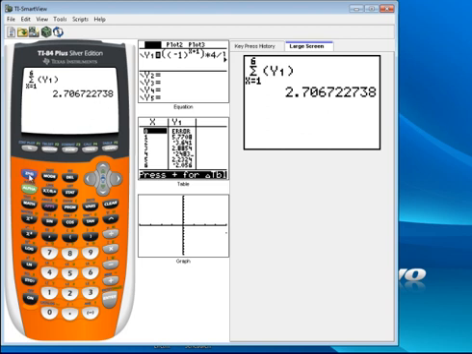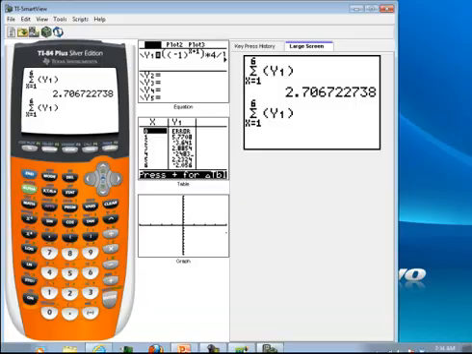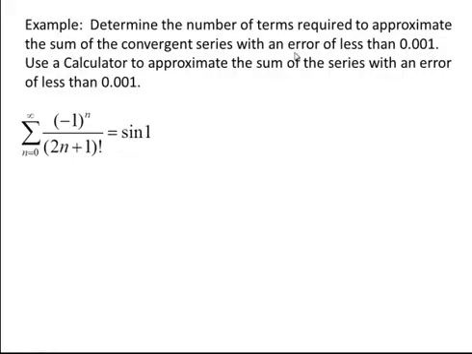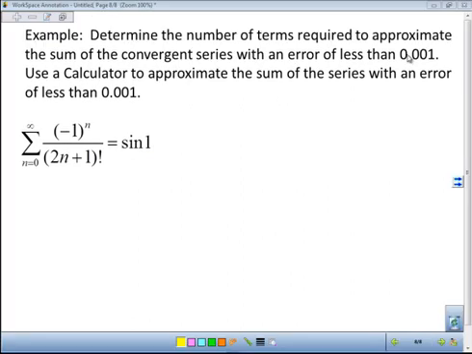So notice that the best term would be if you number of terms required to approximate the sum of a convergence here was an error of less than 0.01. So basically, when you're doing these sums, you want to have an error of less than 0.01.